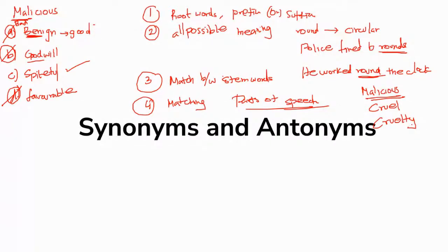Both the options are very similar in meaning. So in order to choose the answer, the parts of speech has to be identified. Malicious and cruel are adjectives, whereas cruelty is a noun. Hence the answer is cruel. So that will be the answer for this one.